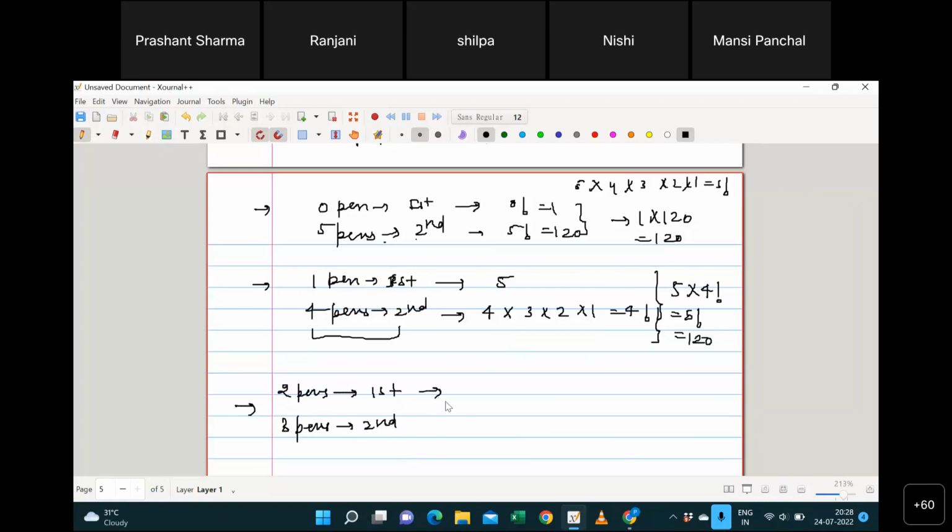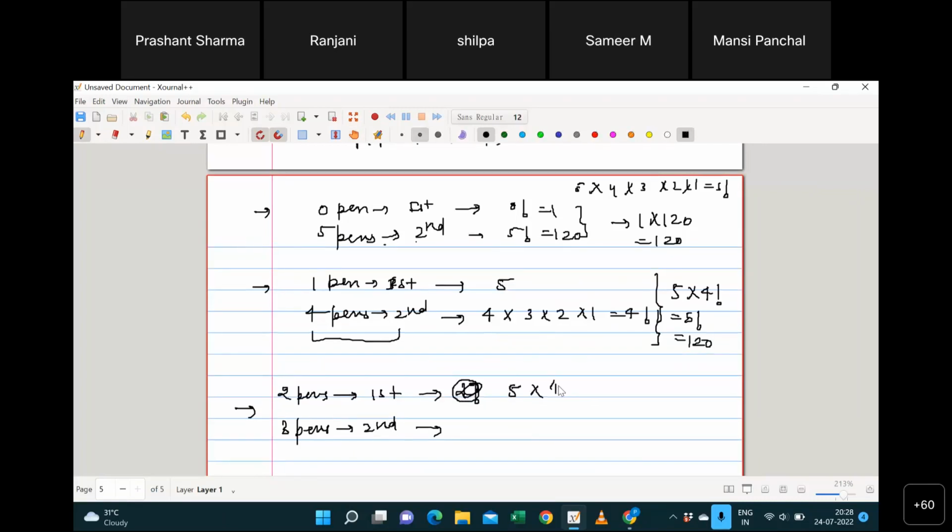Similarly, I can take 2 pens in the first and 3 pens in the second, right? In how many ways can I do 2 pens? Is it correct or wrong? It's 5P2. Yes, it will be because I can choose any of the 5 and 4.